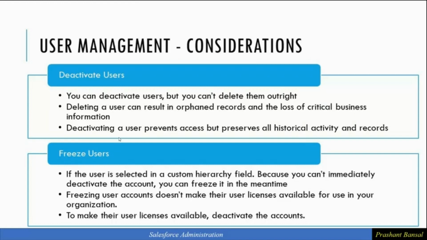In the role hierarchy, if this user is added at some role, which you assigned while creating the user, that makes this user a part of the role hierarchy. In that case, you cannot deactivate the user because the sharing is going on based on that user. But what you can do is freeze that user in the meantime.